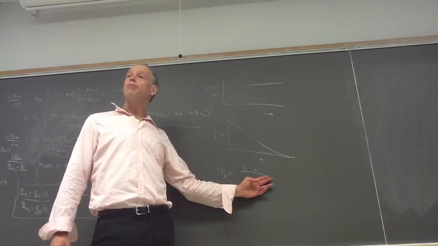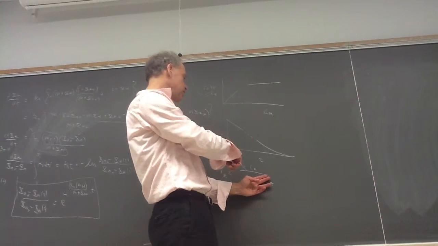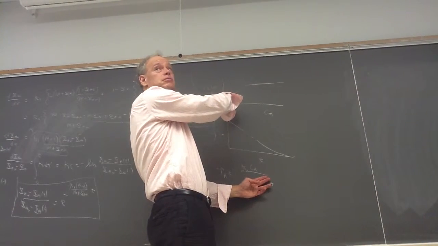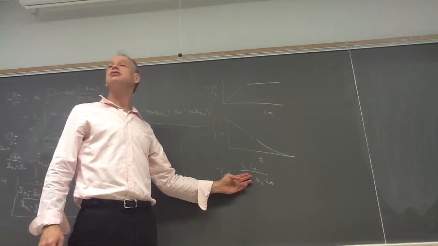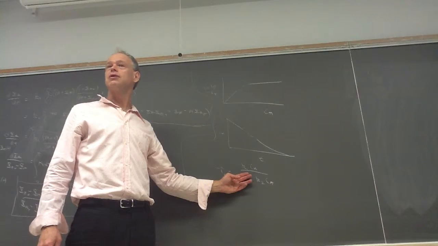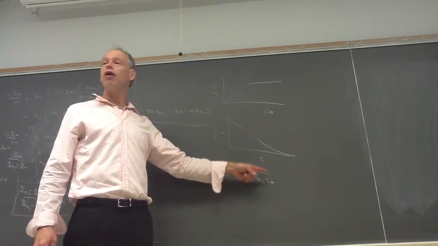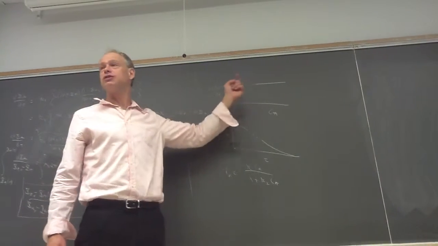First order. But when the concentration is large, so K2CA is large compared with 1, what does the order look like? Zero order. So this kind of rate expression can capture a change of order.